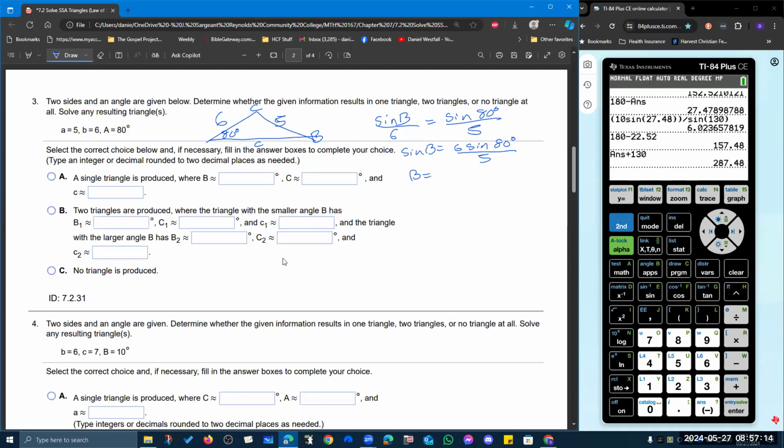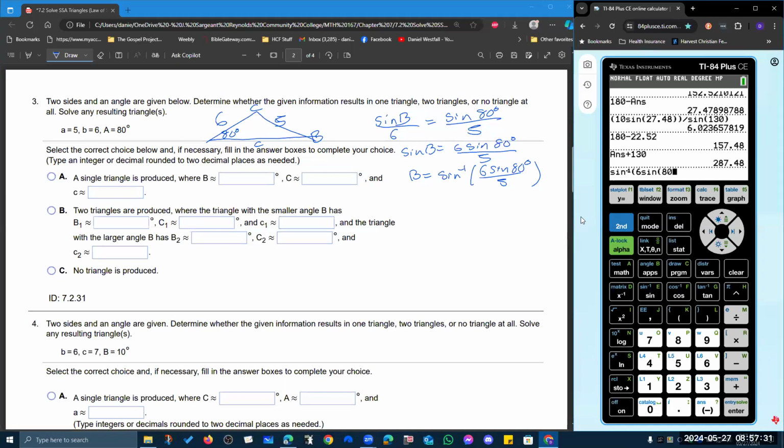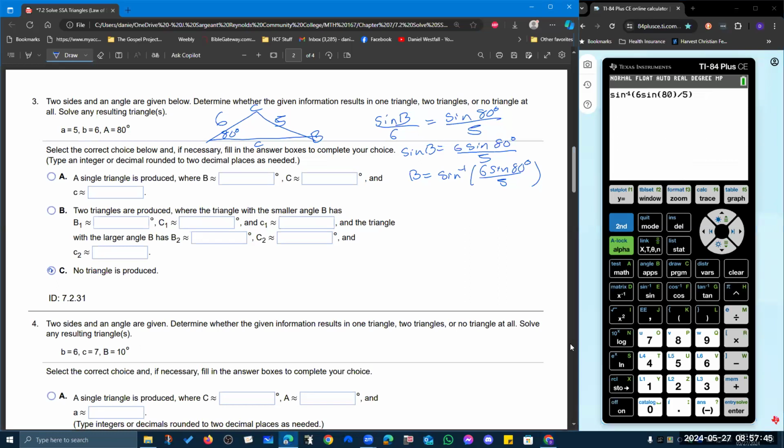And angle B is going to be equal to the arc sine of 6 sine of 80 degrees over 5. Arc sine of 6 sine of 80 degrees divided by 5 is going to give me an error because it's bigger than 1 or smaller than -1, which tells me that there's no triangle that's produced.